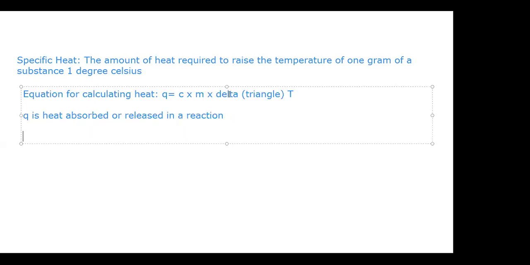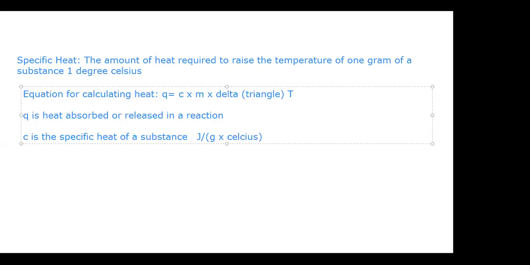C is going to represent the specific heat of a substance, and this is generally in the unit joules per gram times degrees Celsius.